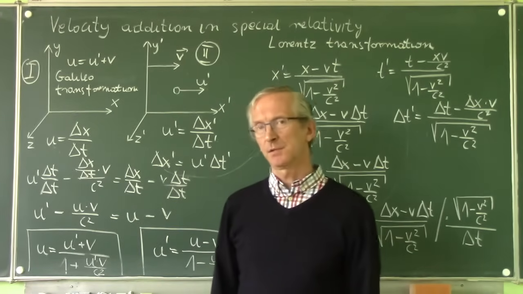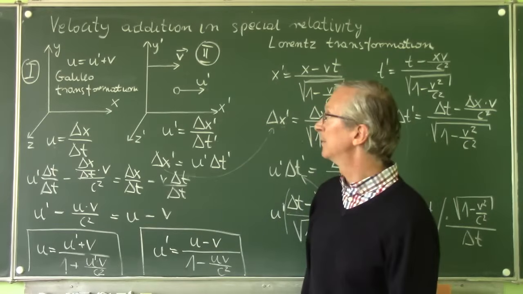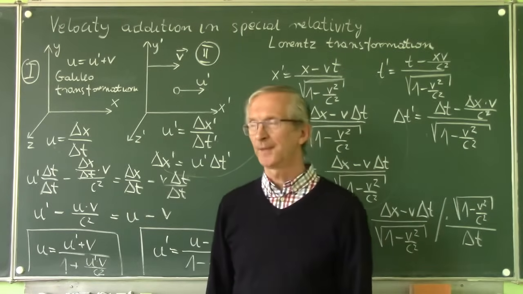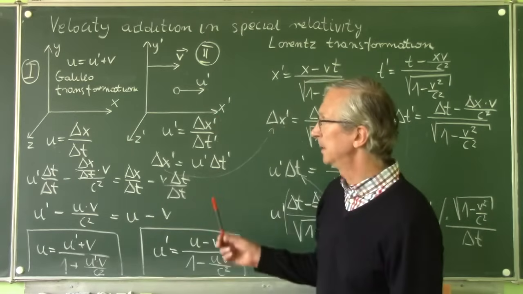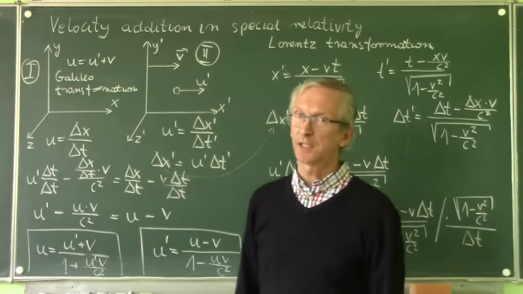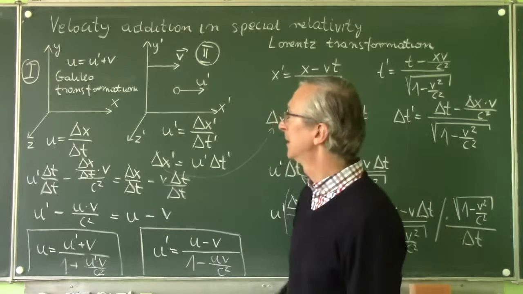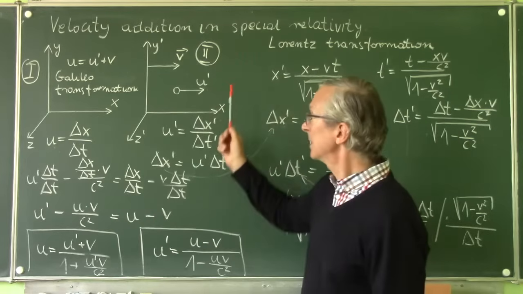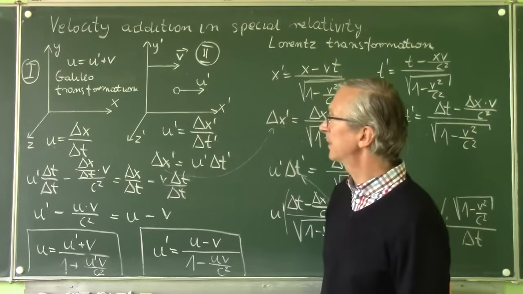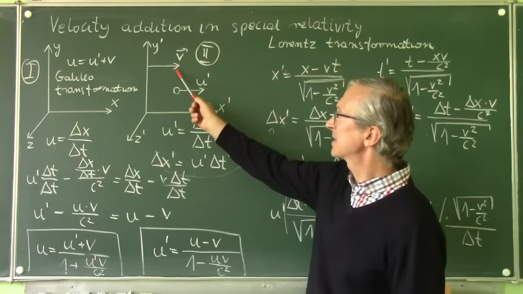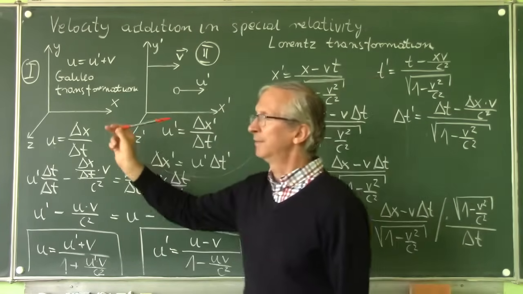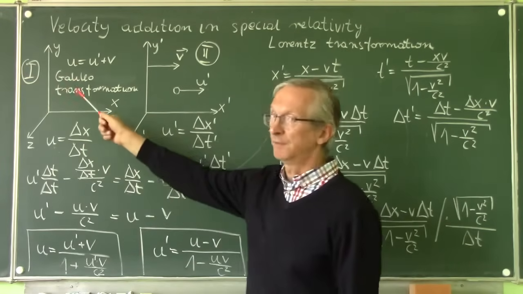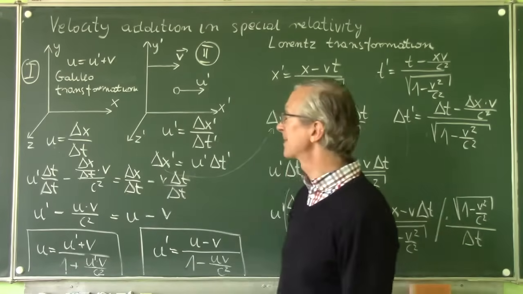Today we want to solve a problem of adding velocities in special relativity. Let's assume that we have two inertial frames of reference, the first and the second, and the second frame of reference is moving with constant speed in the direction of the axis x related to the first frame of reference.